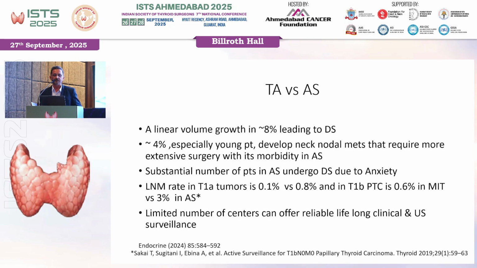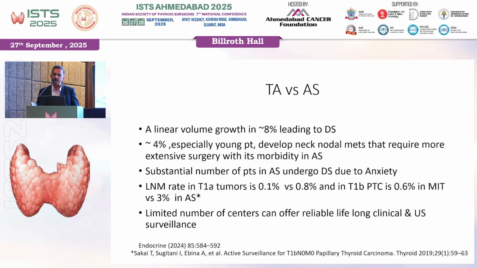Now if we compare thyroid ablation with active surveillance, my previous speaker also mentioned that around 7 to 8% of these active surveillance patients are going to have an increase in nodule size. Around 4%, especially young patients, are going to develop LNM. That is very striking, and then we have to go for wider radical surgery.